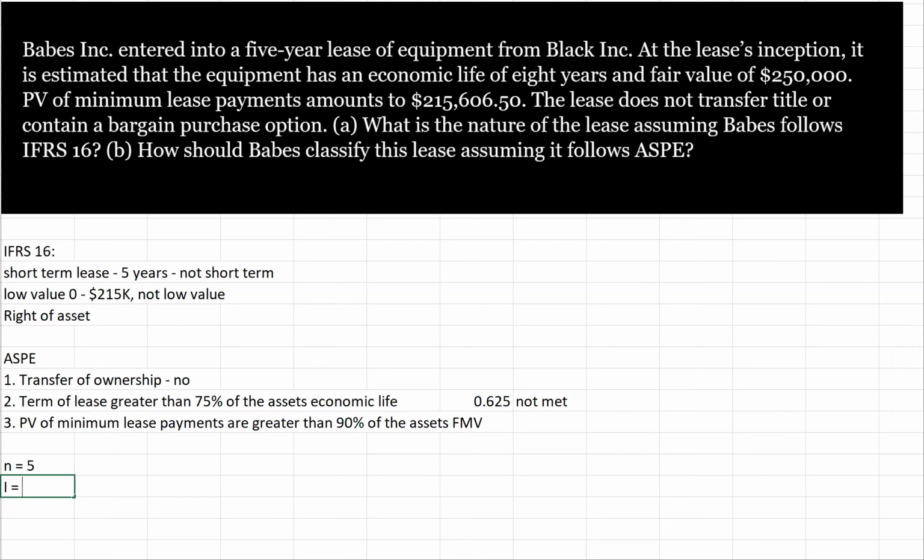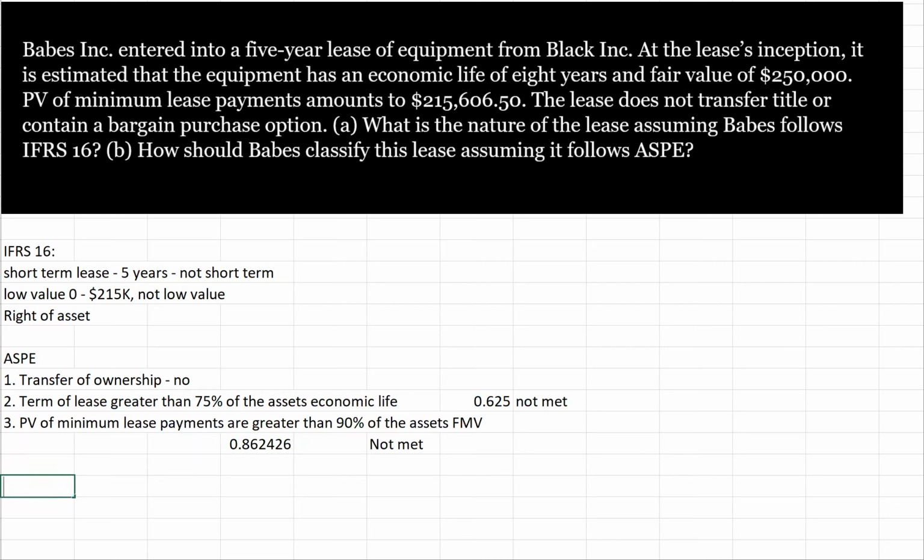We don't have I, do we? Actually, no, we have the present value of the minimum lease payments. They were so kind to us in this question, they gave it to us. So we've got the present value of the minimum lease payments of 215,606.50, and we're going to divide that by the fair market value of 250,000. 86%. So it's not met. It's not greater than 90%.